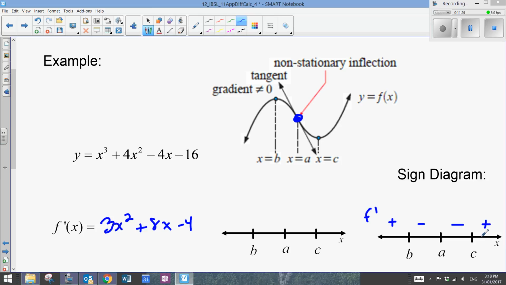So what's happening here is I am increasing, so I'm going to have to be above the x-axis until b. Negative, meaning I drop below the x-axis. Still negative, so that means I'm still below the x-axis. However, I'm about to switch to be positive after c. And that way, I have mapped my original graph to my first derivative.